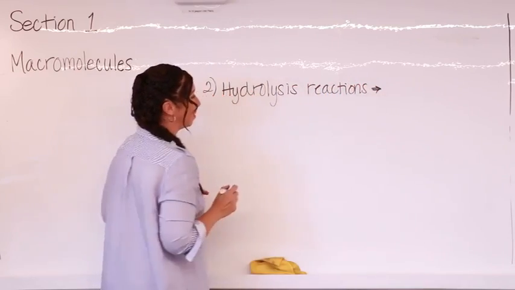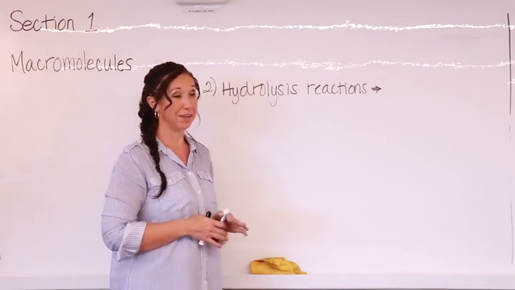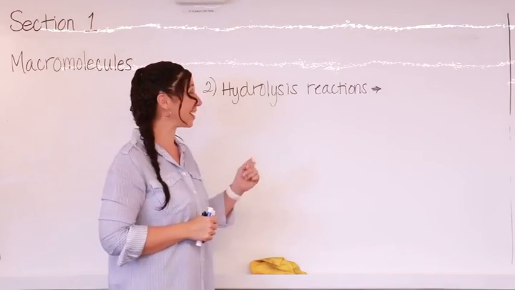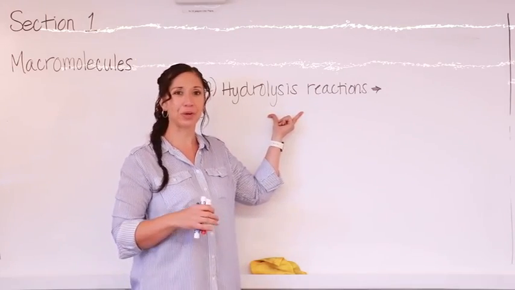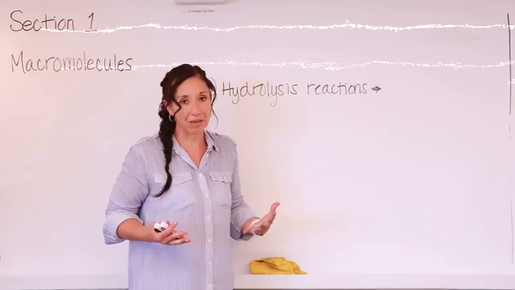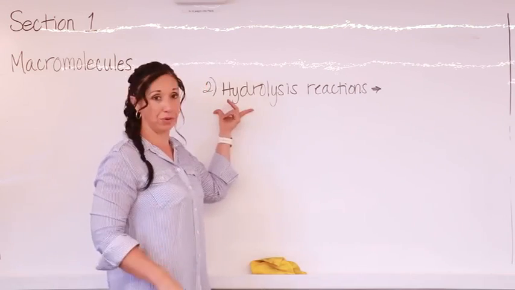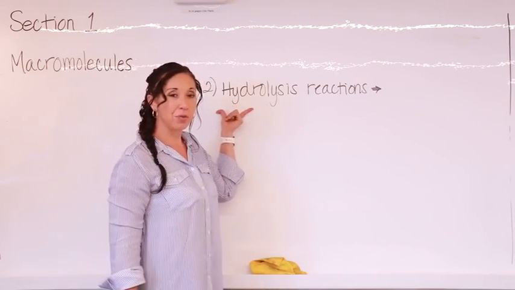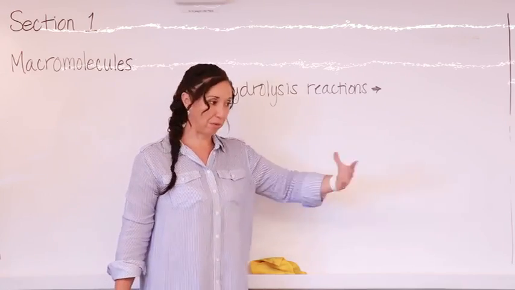All right, so hydrolysis. We're going to break this word apart. No pun intended, because you're going to see why. The word lysis literally means to break apart. So whenever you hear the word lysis, something is breaking apart, it's blowing up, something's going on in the cell to just take something apart. The word hydro means water. So what we're doing here is we're using water to break apart molecules.